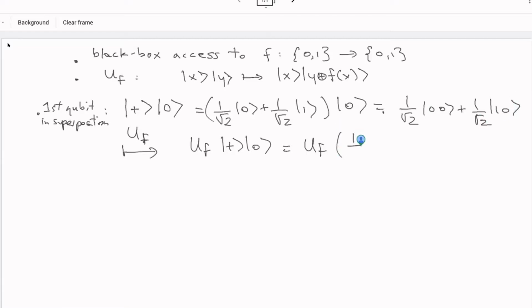So I plug it in at the bottom. And so now by linearity, I can just act with U_f on here and U_f on here and sum the two things. So this is the same as this.